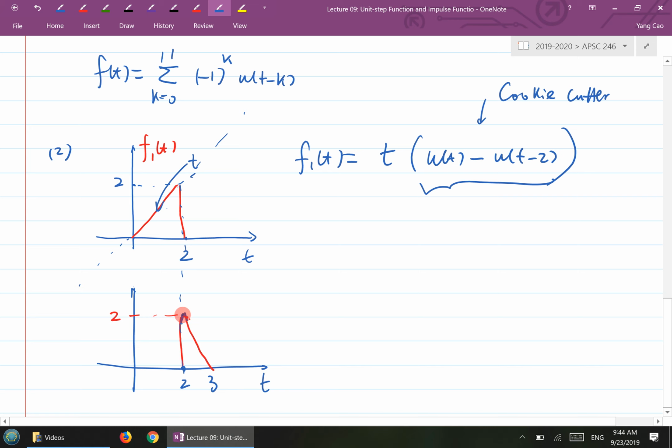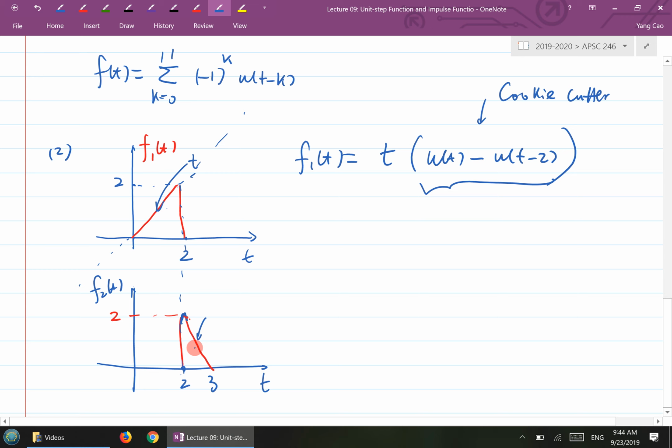Okay, so let's say we have what we call f2 of t, another piecewise function. It's 0 when t is less than 2, and between 2 and 3 you have this straight line.